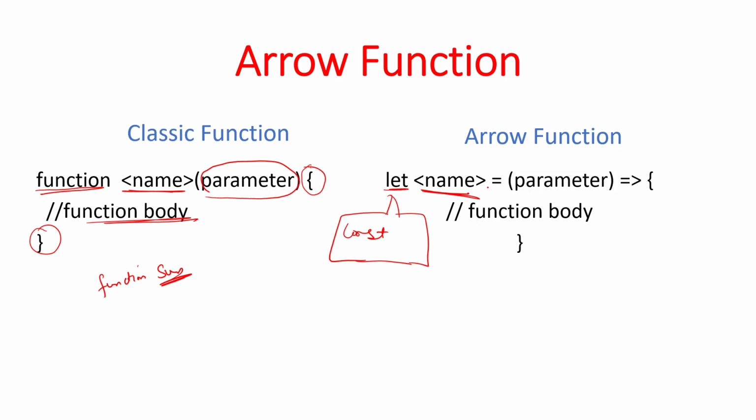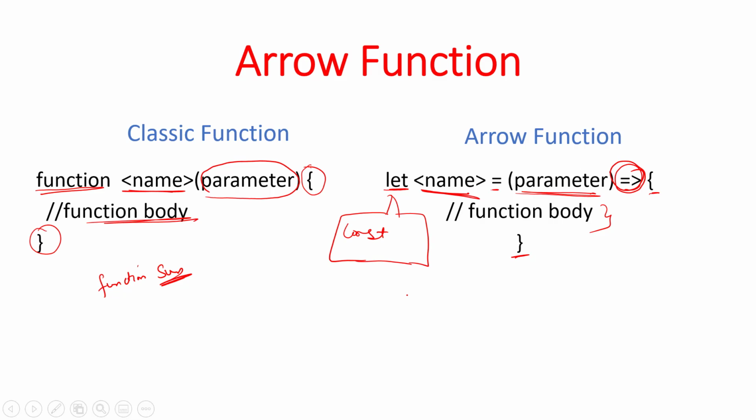Then an equal to sign. Within the parentheses, there is a parameter list that could be 0 parameters, 1, 2 or 3, any number of parameters. Then there is an arrow, and within the curly braces we have the same function body, in which you can write steps to execute something, to calculate something, or maybe return a value, or anything you want to do for that particular function.